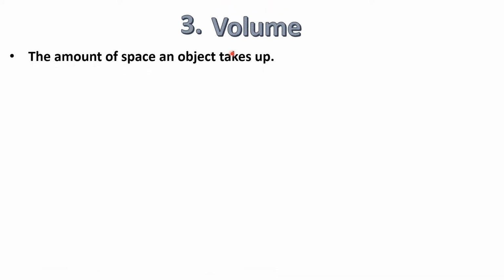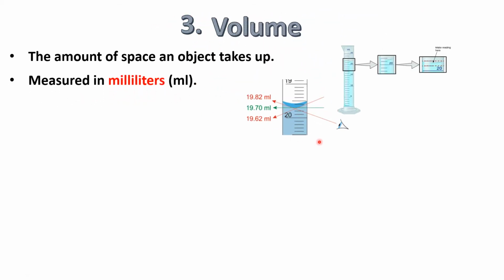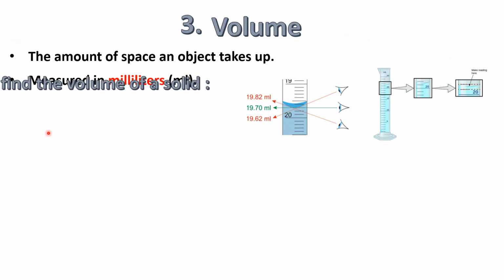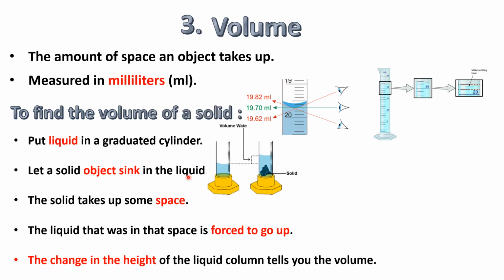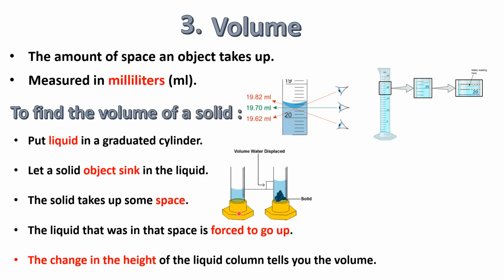The third property is volume. The amount of space an object takes up is called volume. It is measured in milliliters. To find the volume of a solid, put liquid in a graduated cylinder and then let the solid object sink in the liquid.